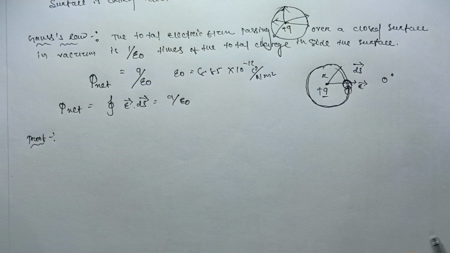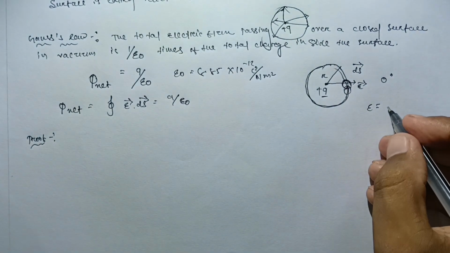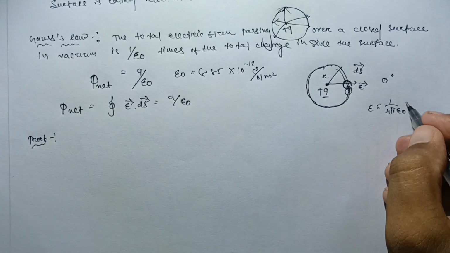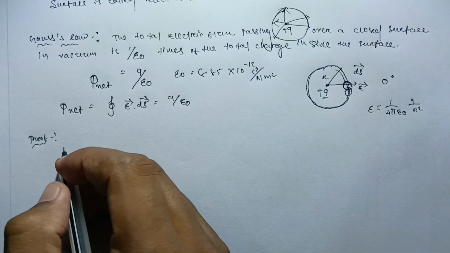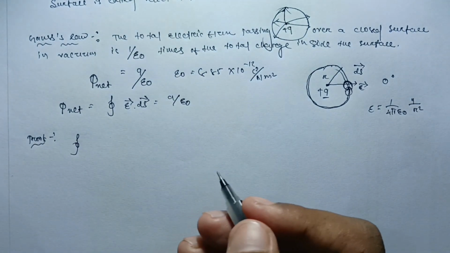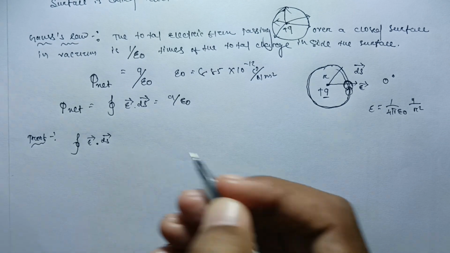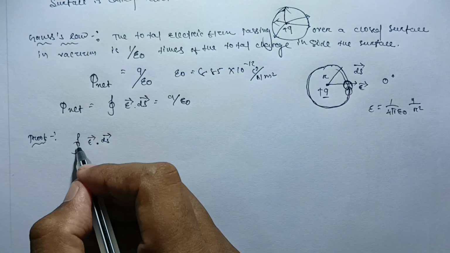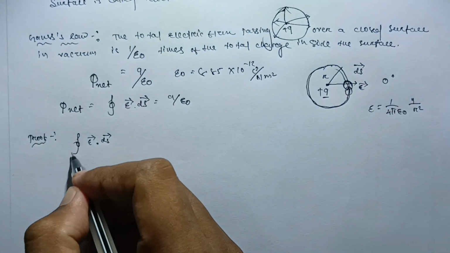So we know electric field has one formula, E equal to 1 by 4 pi epsilon naught into q by r square, right? So let's prove. So closed integral of E vector dot ds vector, right? Why do we take the closed integral? Many children can't understand why we take the closed integral.